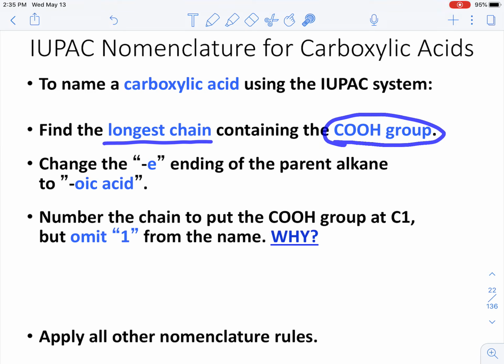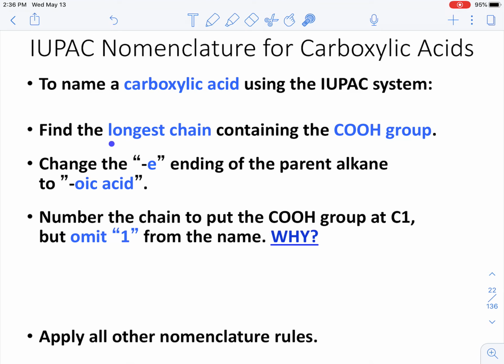For carboxylic acid, we have COOH. If you see any variations of COOH, whether represented in skeletal, expanded, or condensed structure, then that functional group is representative of a carboxylic acid.